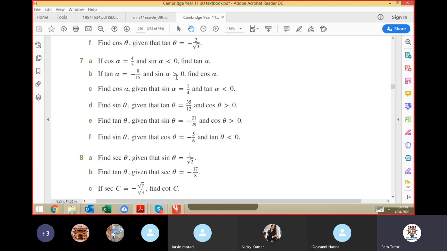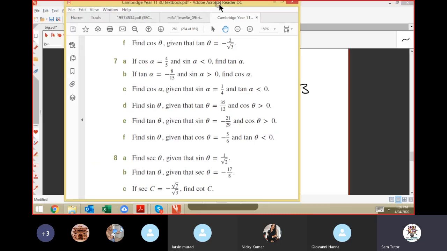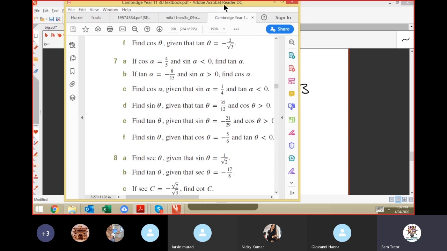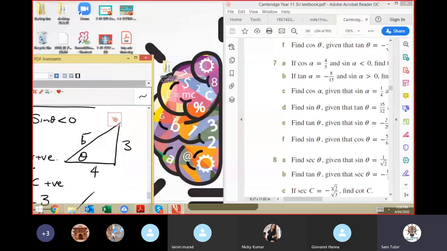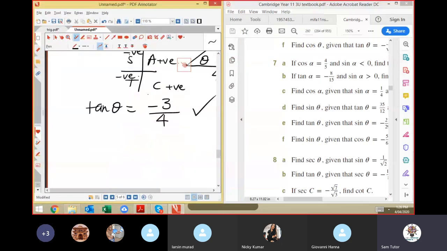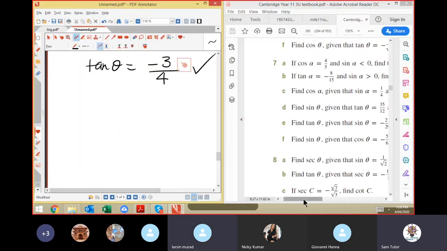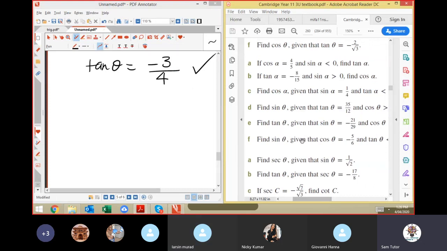Anyone gets negative 17 over 15? Okay, let's see. Anyone stuck with it? Doesn't know where to start? I'd rather do it with you if you don't know where you're starting from. Anyone actually stuck? Yep. All right, last one, let's do it together then.